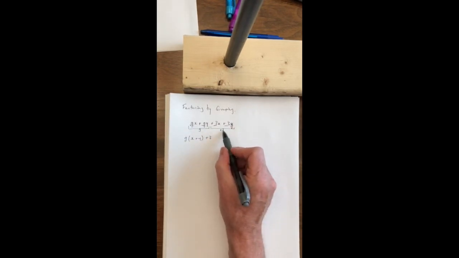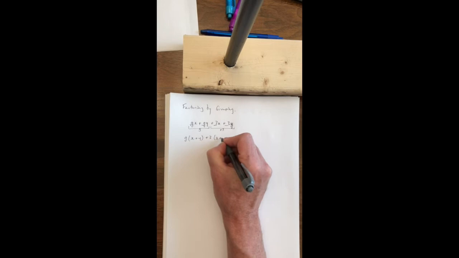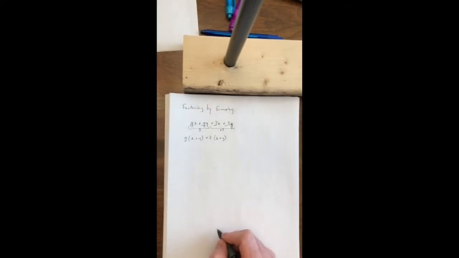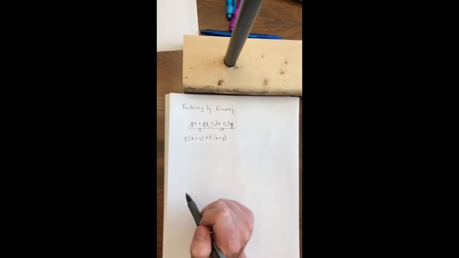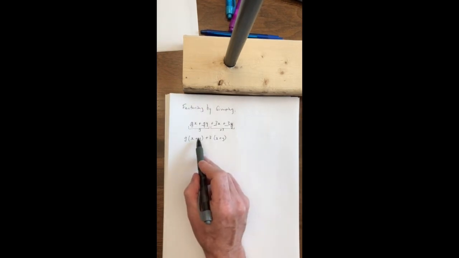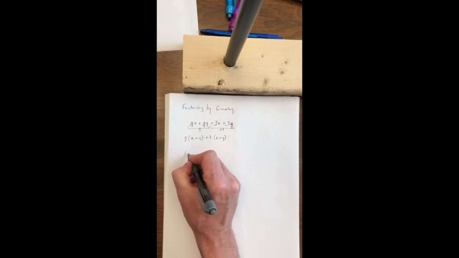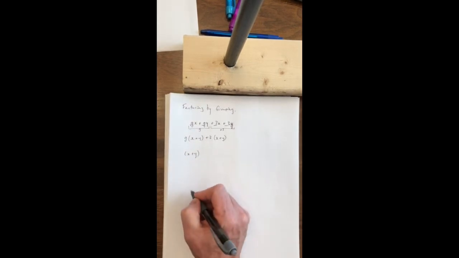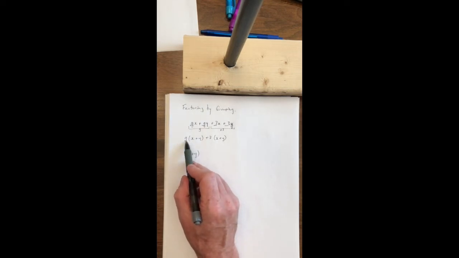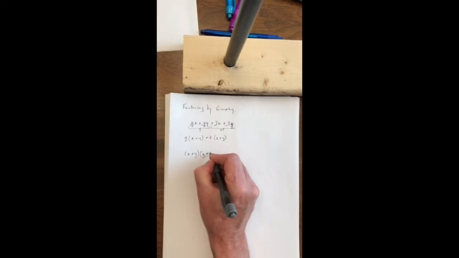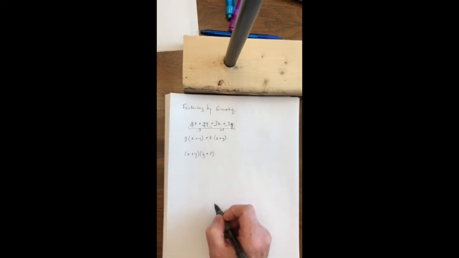If I divide it by plus 3, I'm left with an X plus Y. And now this looks like the questions that we just did. Our greatest common factor here and here is X plus Y. And if we divide this up by it, we'd be left with a G plus 3.